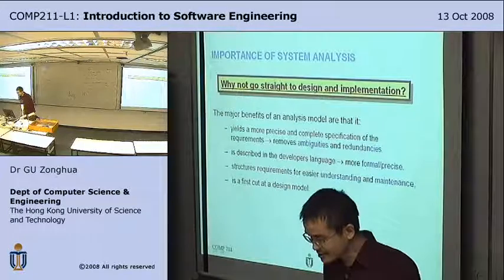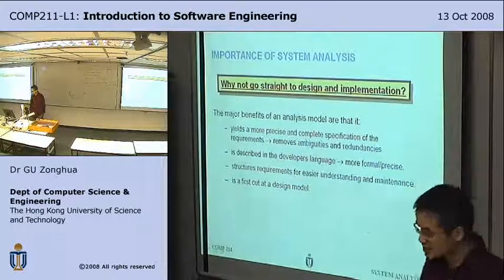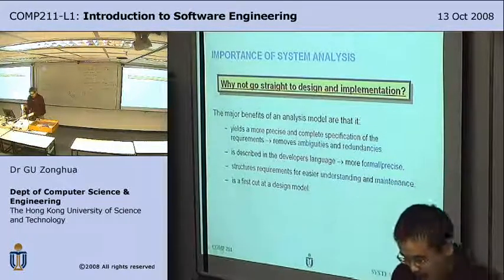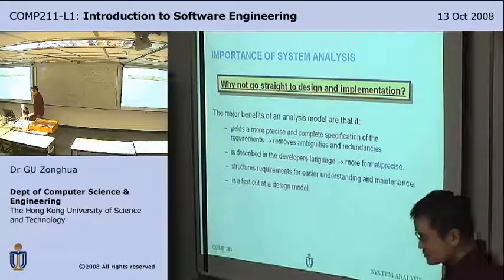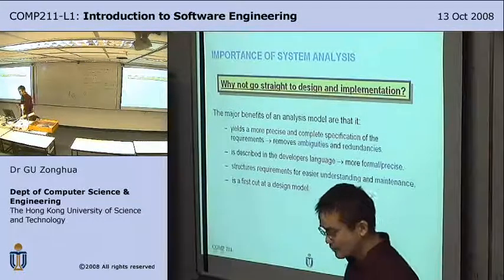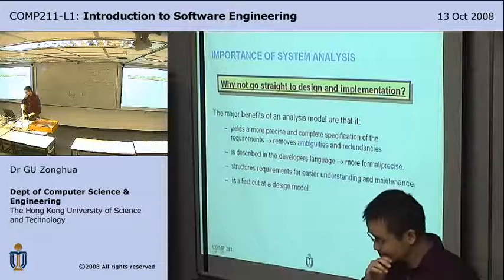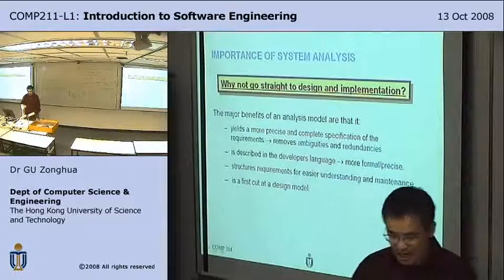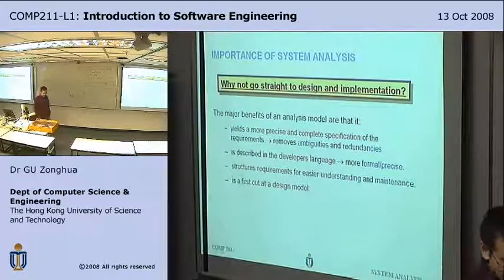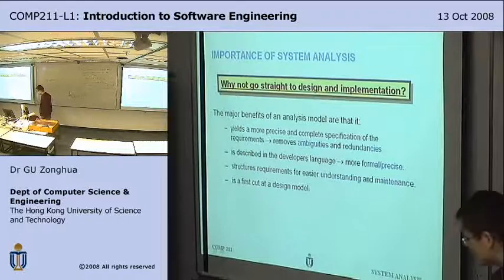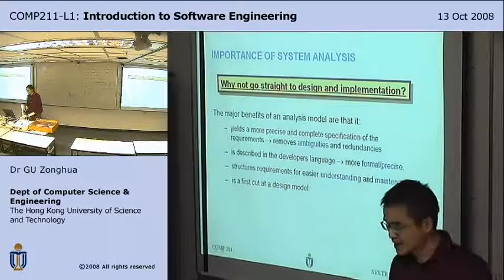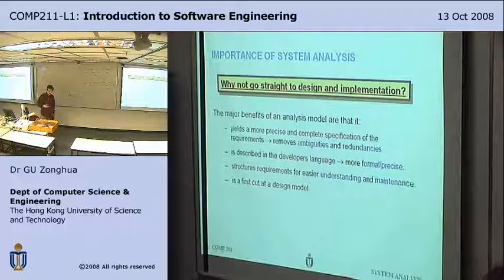It also gives structured requirements for easier understanding and maintenance. So you can package them, or place them into packages. It's a first cut at a design model. A design model is actually more refined. It involves the platform details.